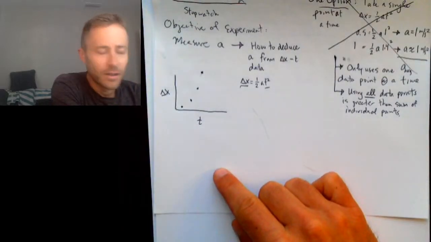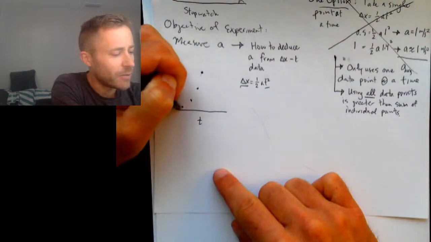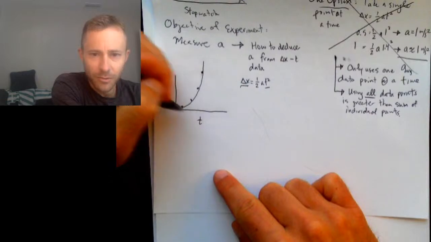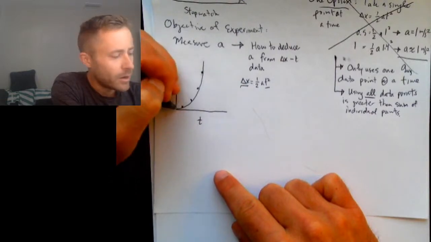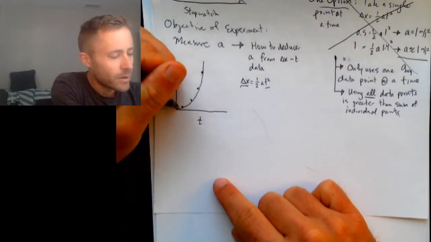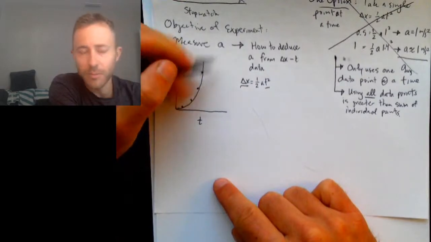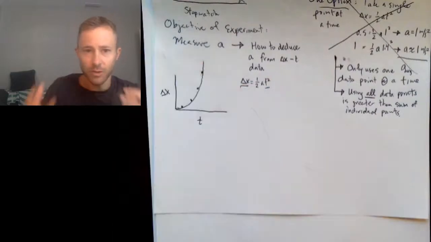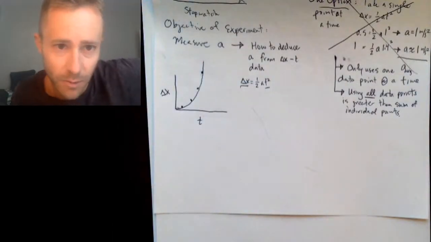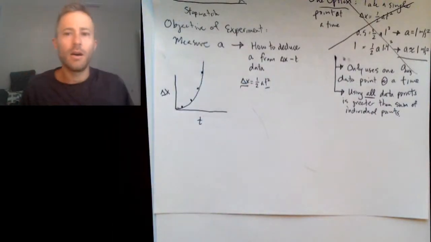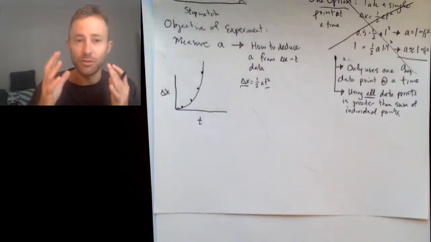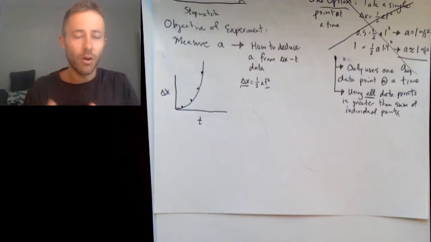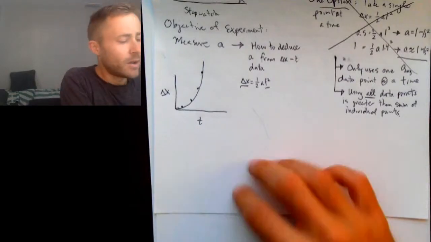And then you have a line of best fit that goes like this. And so notice how a line of best fit uses all of the data points collectively. And so for that reason, it is much less susceptible to experimental error. So that is why we want to always graph the data and do the line of best fit that's using all the points collectively.